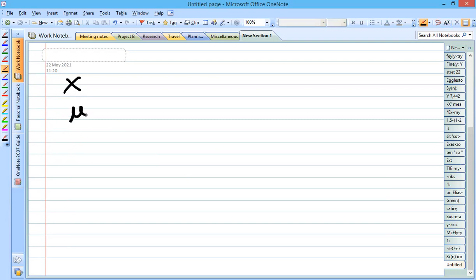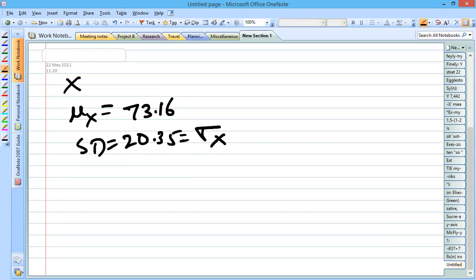So what is the mean? Mu_X is equal to 73.16. I don't have a calculator, so anyone should help me with the calculation. The standard deviation is given as 20.35, which is taken as sigma_X. This is not sigma_X square; sigma_X square represents the variance. Now with this, we are asked to calculate the probability of X lying between 50 and 80.